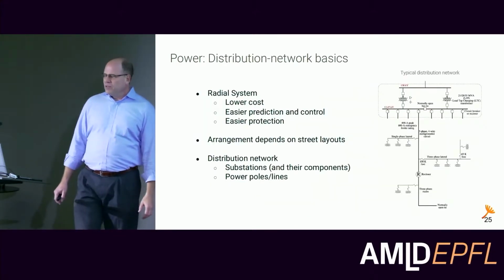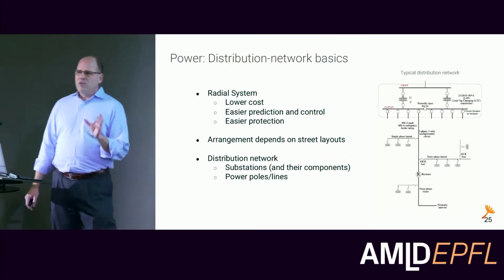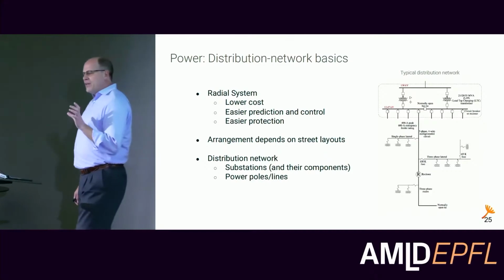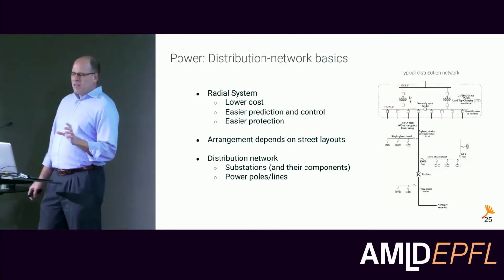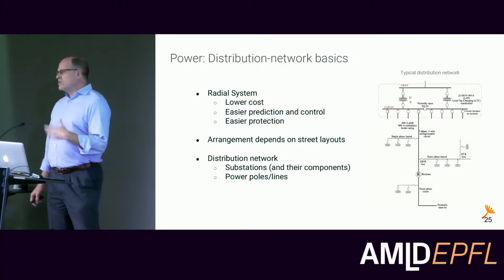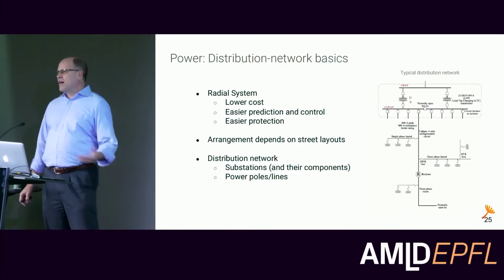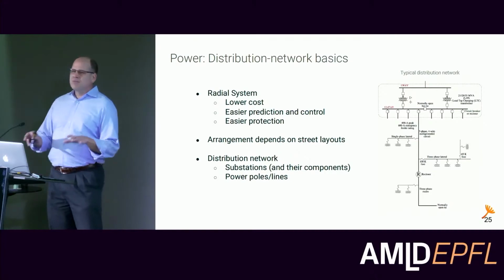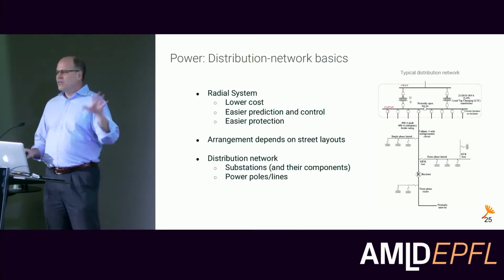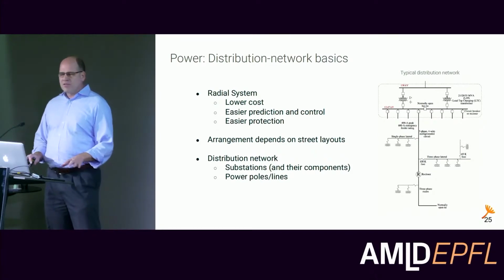So what we do is we begin by putting a constraint on the problem. We assume that the distribution network is going to follow a radial system. And this is actually in line with how engineers think about setting up power networks anyway. Now sometimes they diverge a little bit from these types of plans because of legal reasons or geographical obstacles, et cetera.